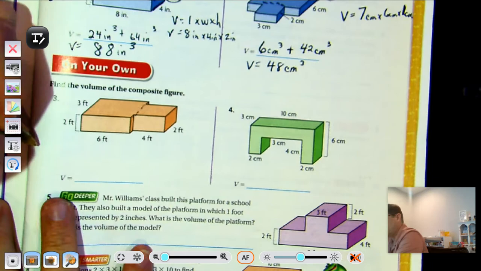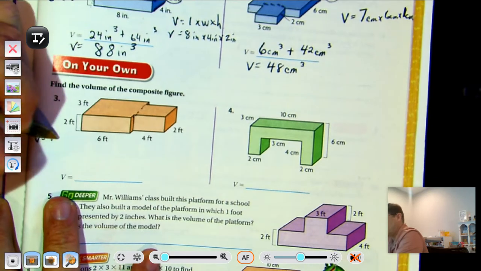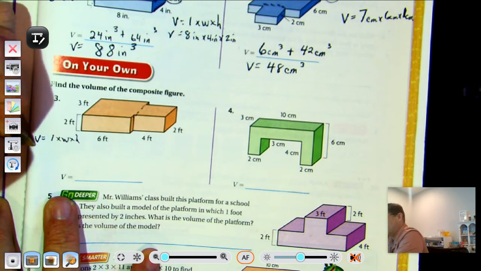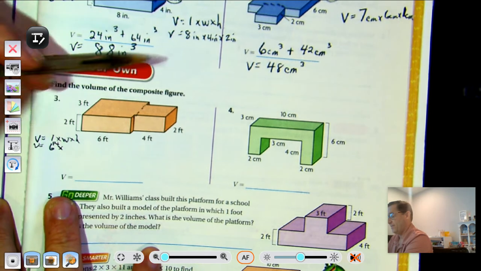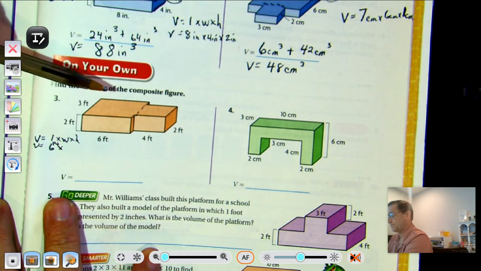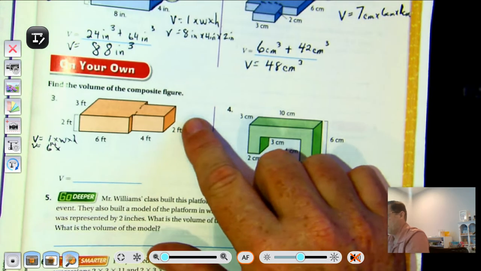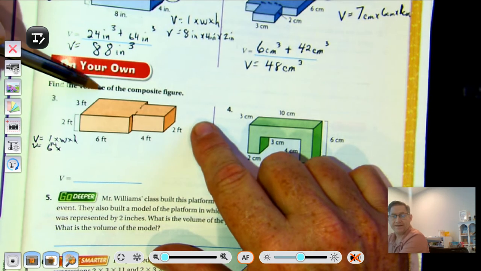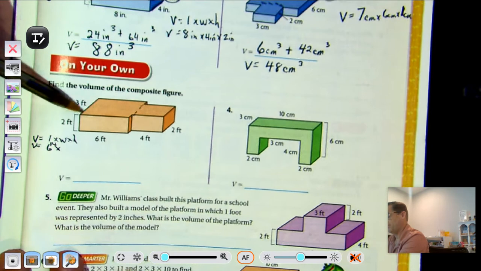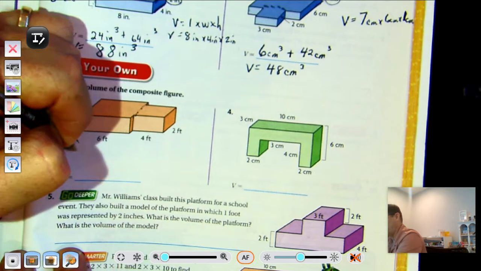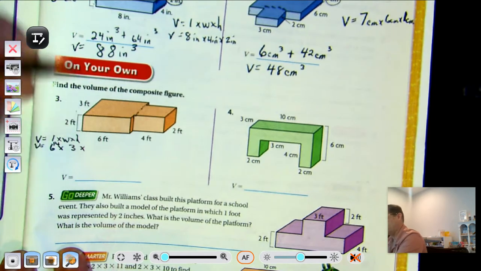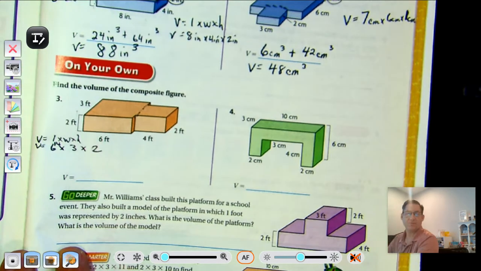The length of this one is 6 feet. The width of the whole thing here, this large one, is 3. Okay, and that's fine because that's the one we're working on. So 3 feet. And the height is 2. All right, so that's fine for that one.